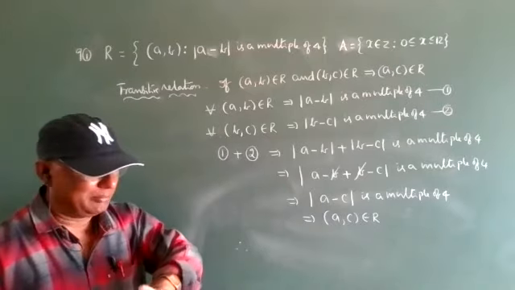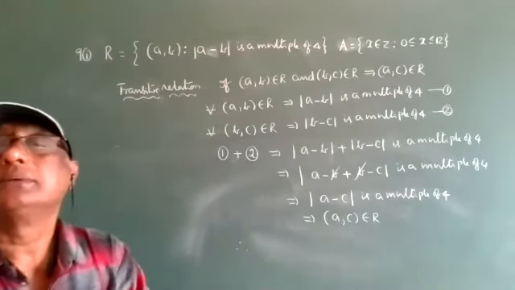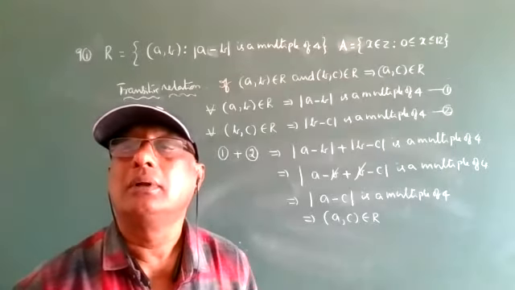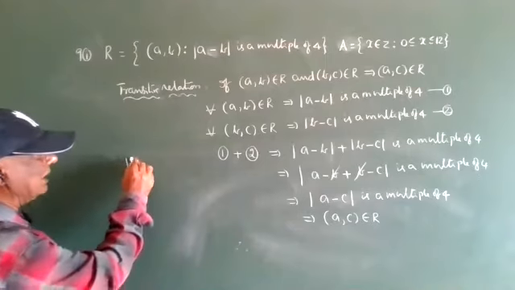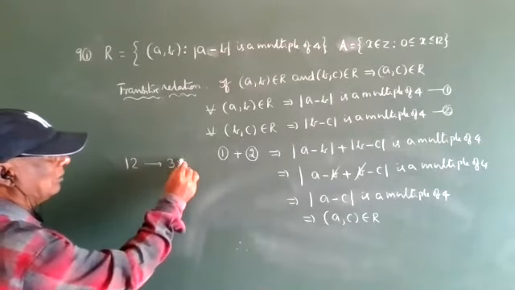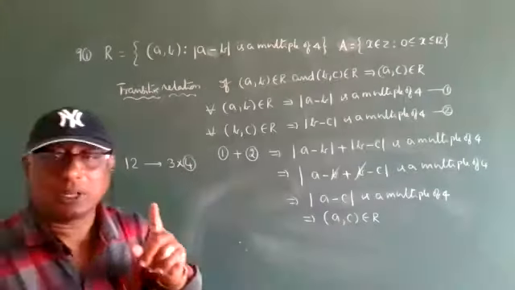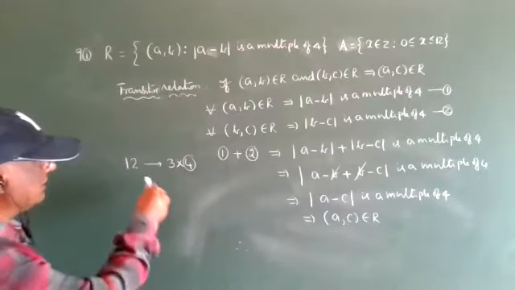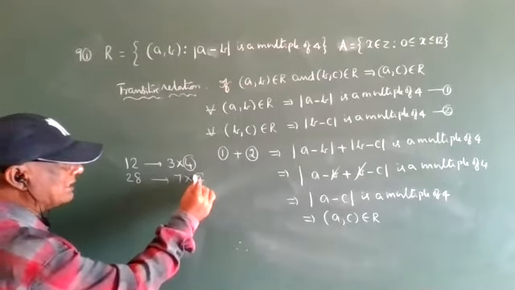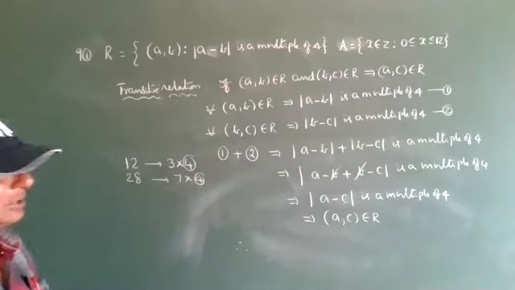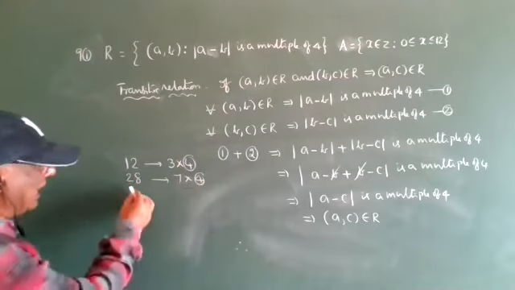Same model; everyone go through the second bit fast. 12 is a multiple of 3 into 4, so it is a multiple of 4. 28 is 7 into 4, it is also a multiple of 4.